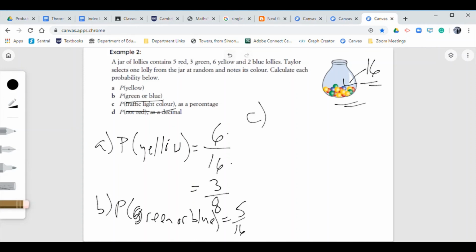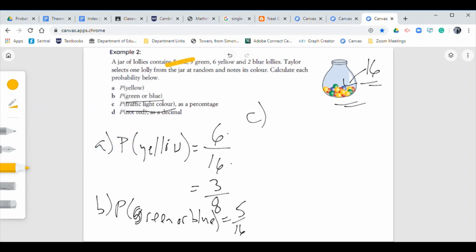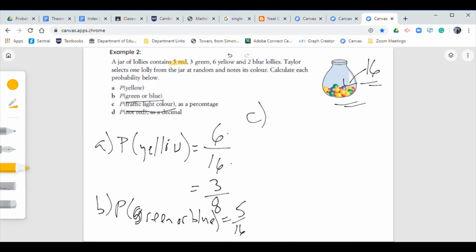Ooh, that's not as see-through as I hoped. Let's make it a little bit more opaque. The traffic light colors would be red, green, or yellow.